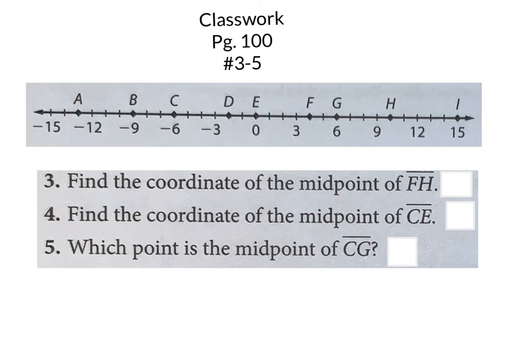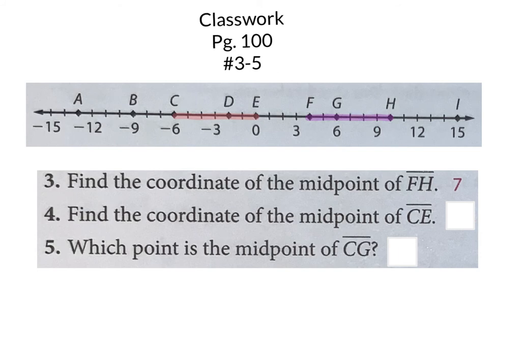Find the coordinate of the midpoint of FH, all right? So they first wanted from F to H, and they wanted that midpoint. F is at 4, H is at 10. So you should have gotten 7. The next one they wanted the coordinate of the midpoint for CE. C to E. C was -6.